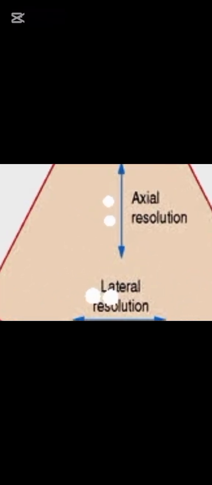Axial resolution is the ability to differentiate two structures that are located one below the other, on top of or below each other, like the white dots you see here. It is related to the sound wave: the arrangement is aligned parallel.